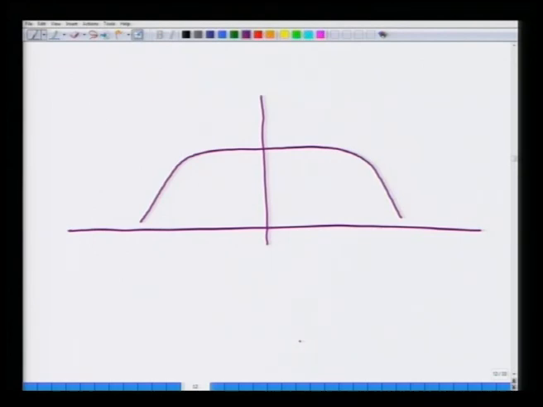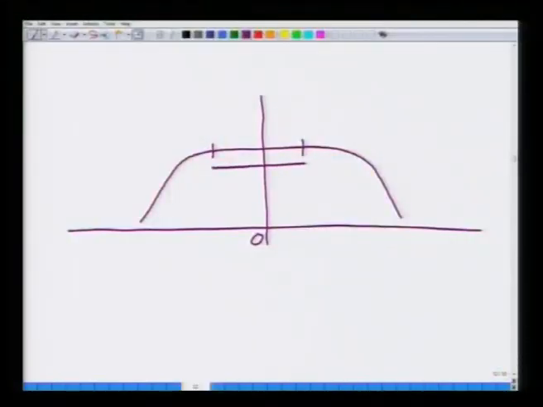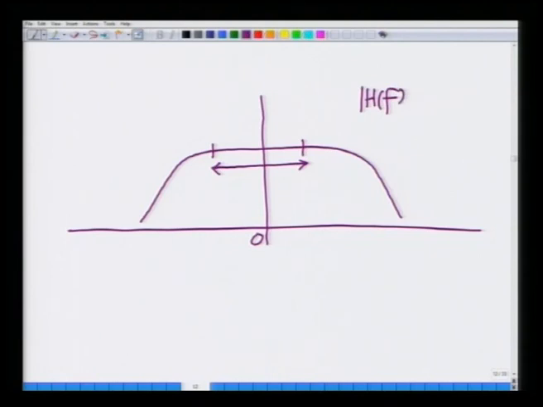It is approximately constant for some bandwidth around 0, then it starts falling. It has some kind of a low pass characteristic. So, it is flat. Let us say this is the 0 frequency component. It is flat for some width around 0, and then it starts falling. This is I am plotting the magnitude of H of f.